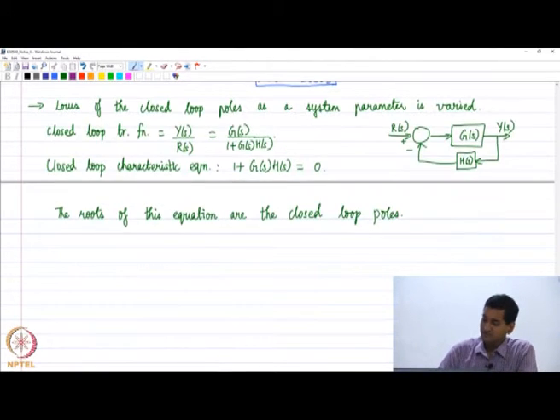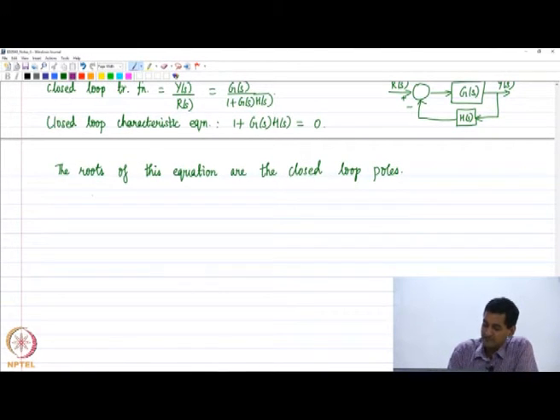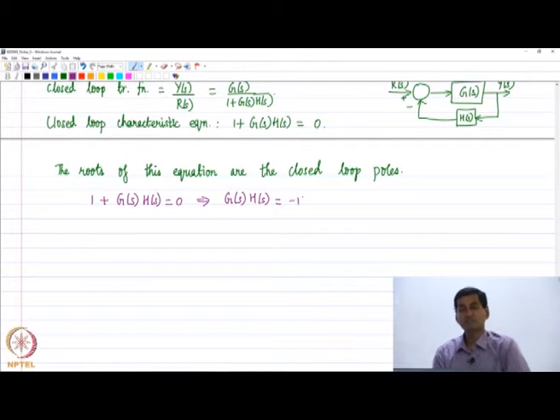Now let us look at this closed loop characteristic equation in more detail. If I write 1 plus G of s H of s equals 0, this implies that I can rewrite this equation as G of s H of s equals minus 1. I am just taking it to the other side.